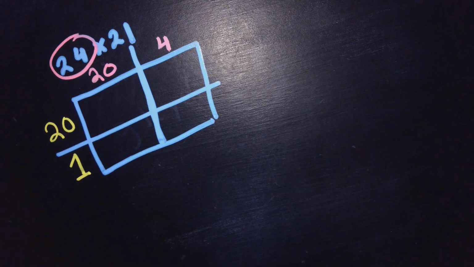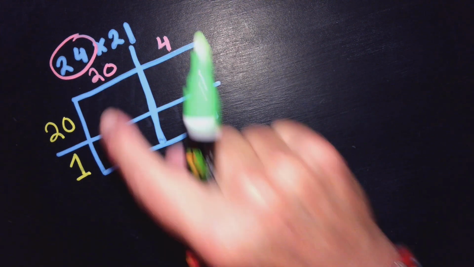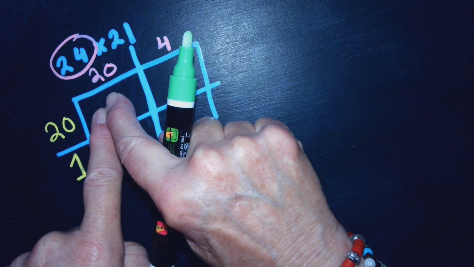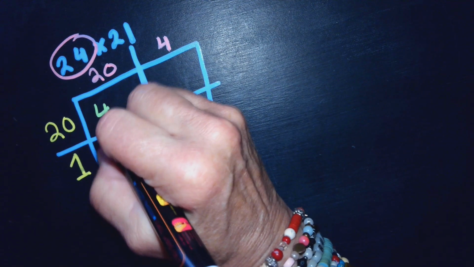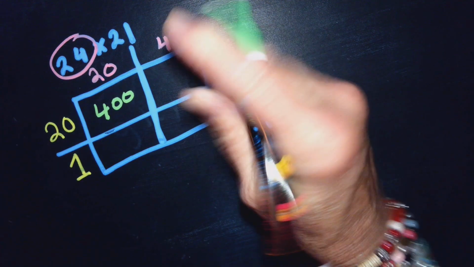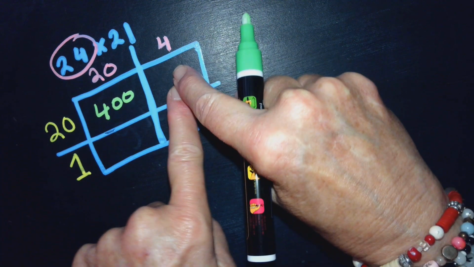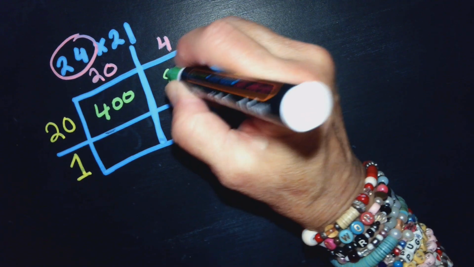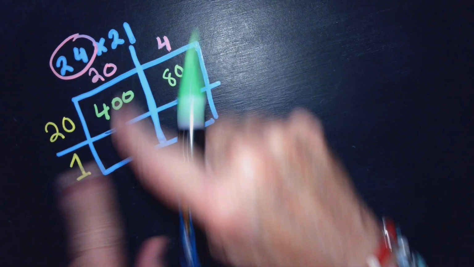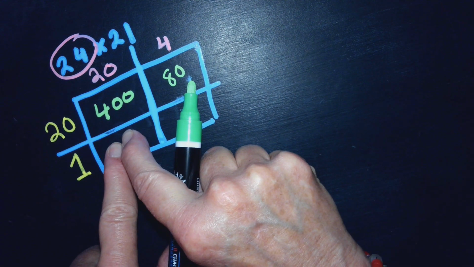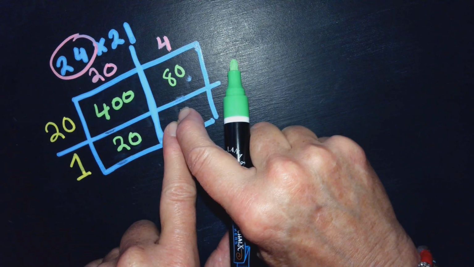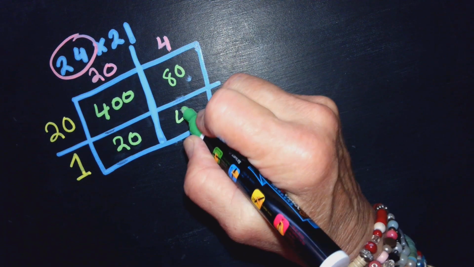Now when you multiply, you're just going to multiply the boxes together. So if I multiply these 2 boxes together, 20 times 20 is 400. If I multiply these 2 boxes together, that's going to be 20 times 4, which is 80. If I multiply these 2 boxes together, that's just going to be 20. And when I multiply the last box together, that's going to be 4.